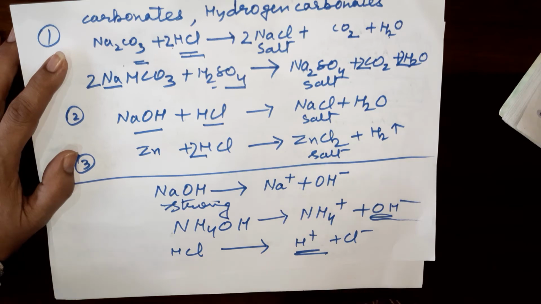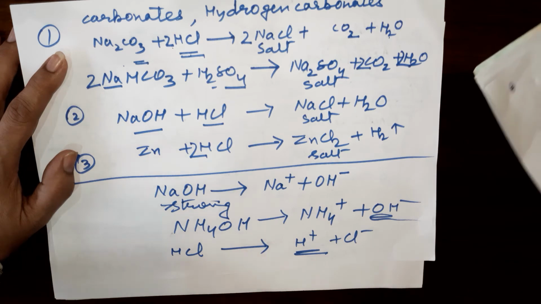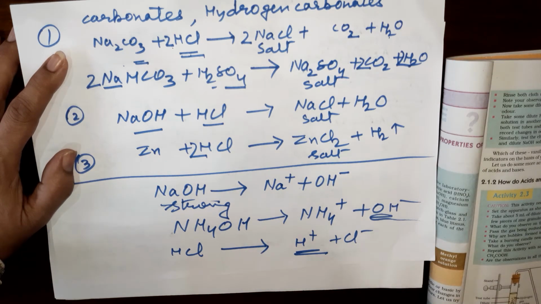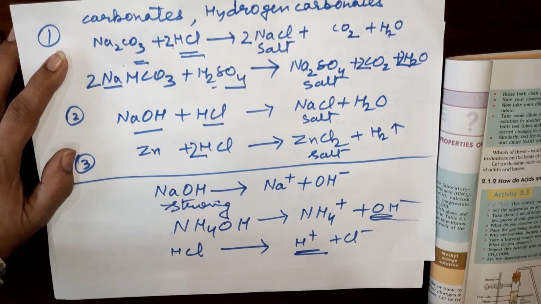Indicators can be of two types. Indicators can be natural indicators, or they can be chemical indicators. Chemical indicators are phenolphthalein and methyl orange, for example.